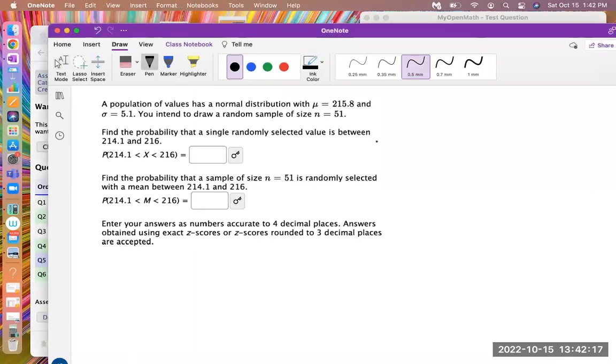So this is just a single one. So you could just use the mean and standard deviation of the original distribution.